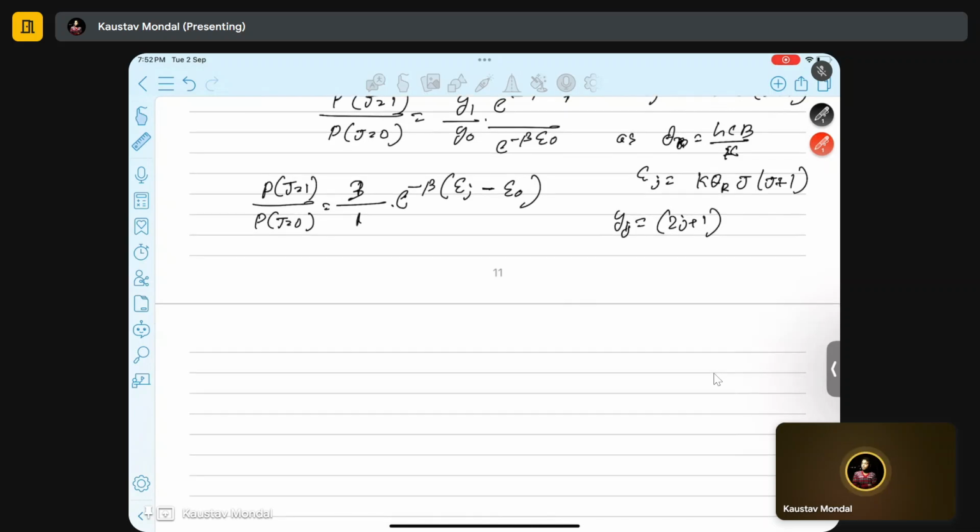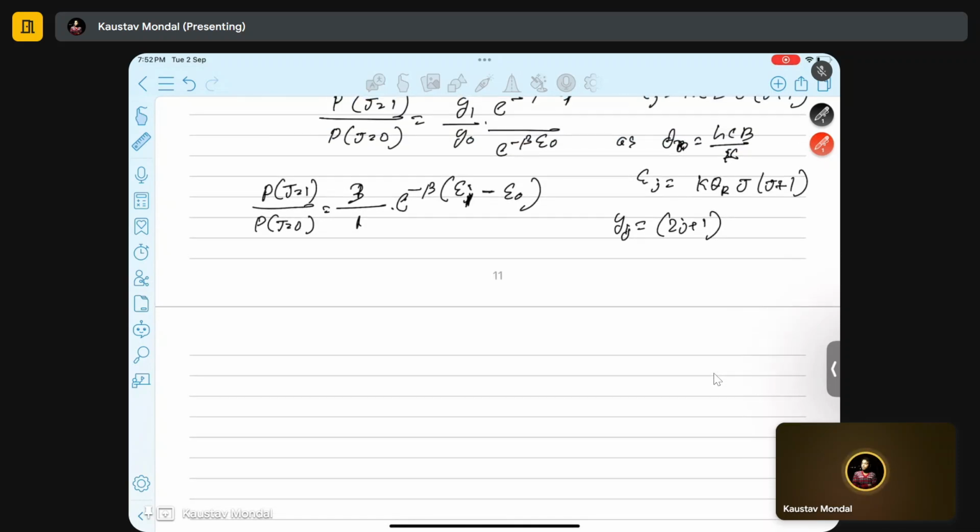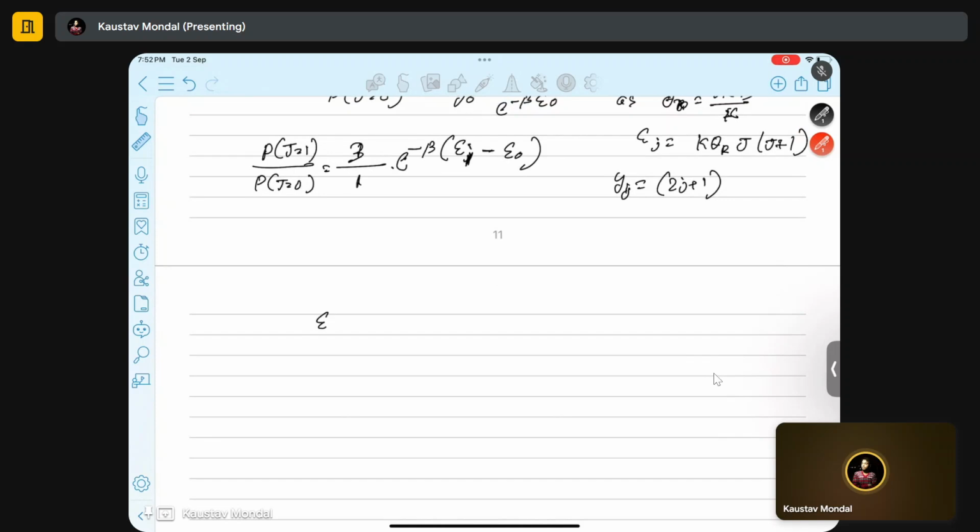Okay, so E_1, sorry, yeah, now it's fine. So now if you substitute it, E_1 minus E_0 would be simply nothing but 2k theta_r, right?